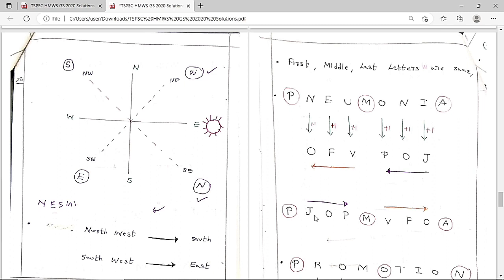From here I am going from right to left, but while writing, you have to go from left to right. This is your left hand, this is the right hand. While taking, go from right to left, and while writing, write from left to right: JOPVFO. This is the sequence you have to write here. So add plus one, right?